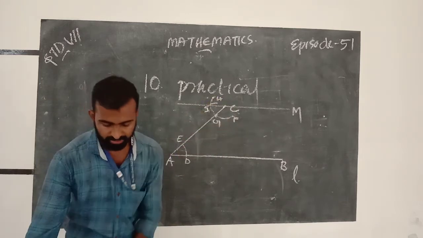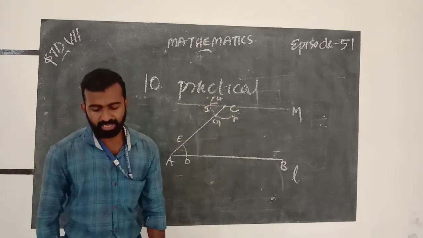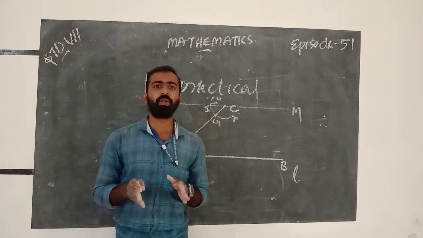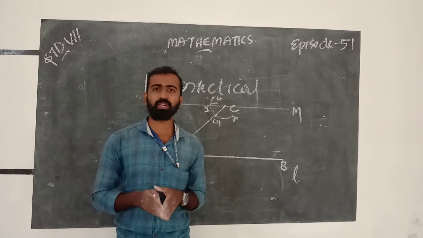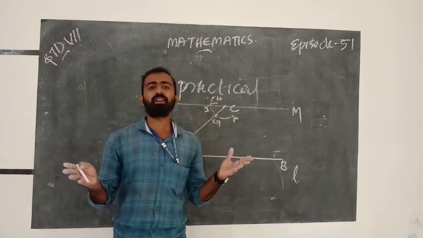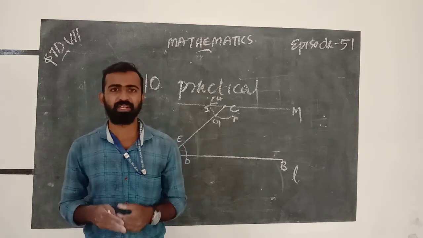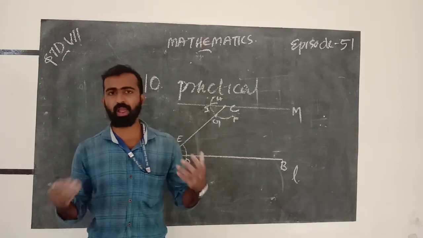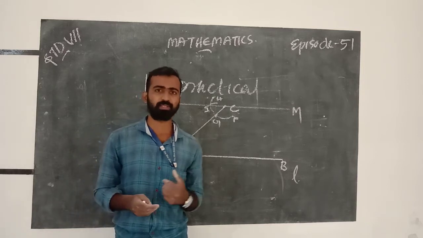Next, we are going to discuss our exercise 10.1. Are you ready for drawing? Do you like practical geometry? We know all of you like to draw pictures. In this chapter, we are discussing the drawing of perpendicular lines, triangles. Yes.